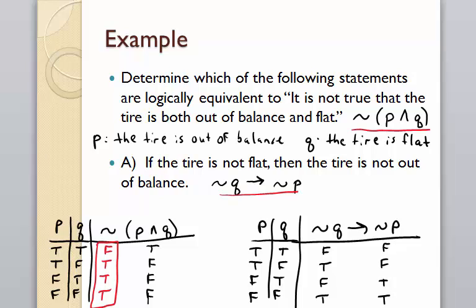And then let's do the conditional in the middle. If the negation of Q is false, implying the negation of P is false, then that is a true statement. If the first one is true and the second one is false, then the condition is false.